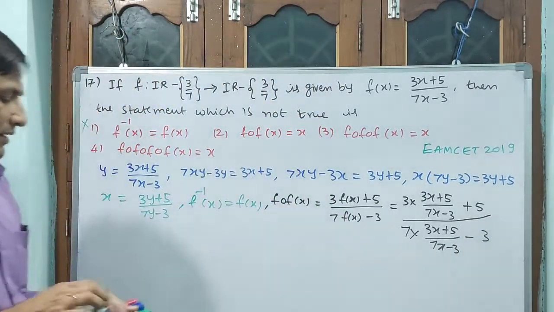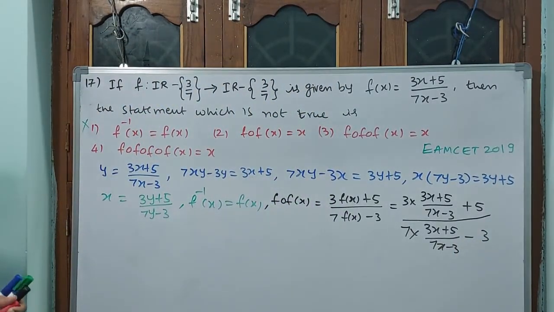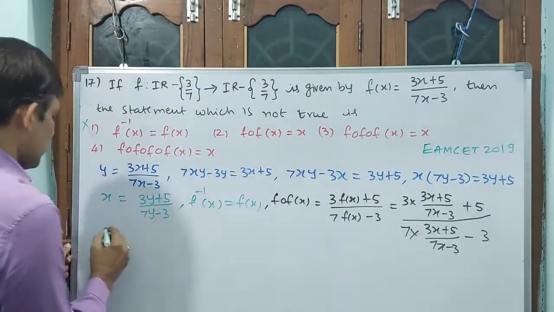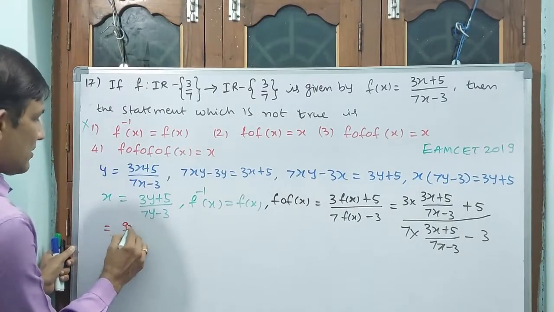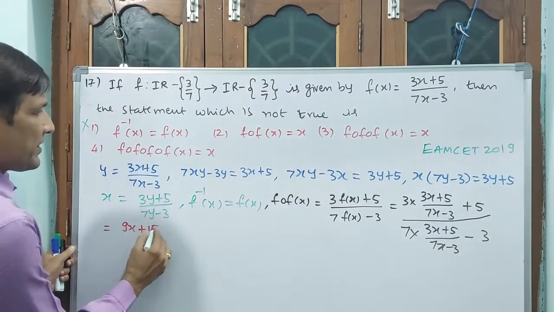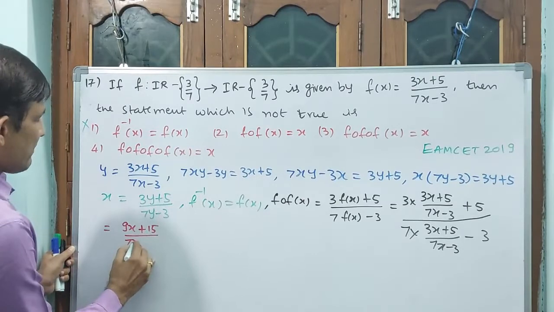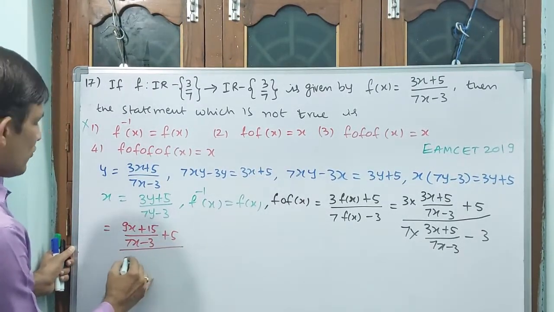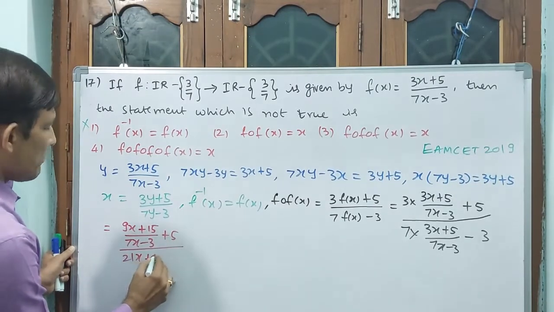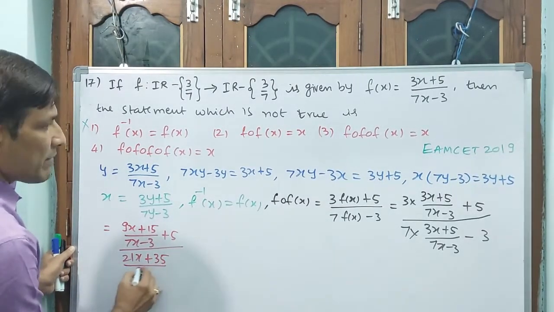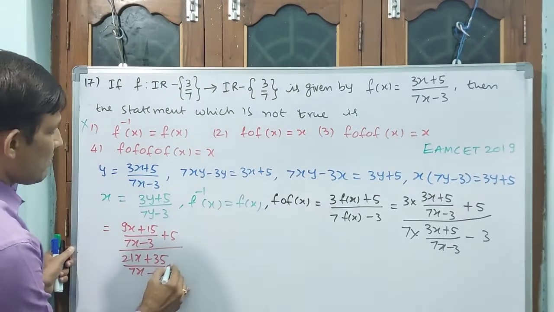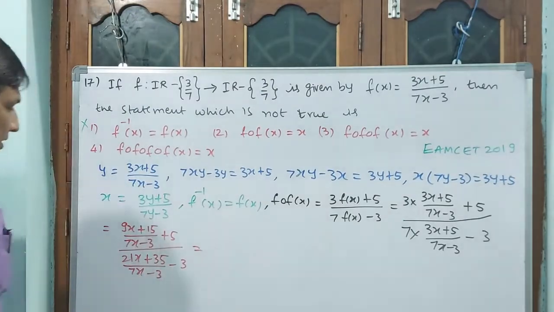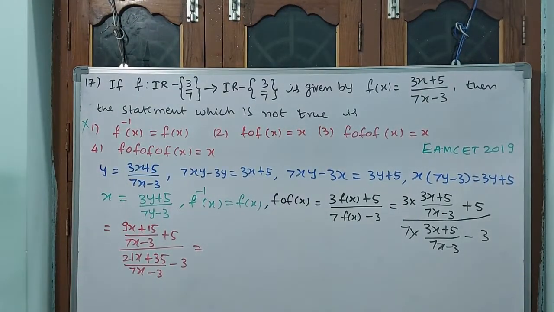Okay? Proceed further. You see, you multiply, 9x plus 15 by 7x minus 3 plus 5 divided by 21x plus 35 divided by 7x minus 3. Okay? Is it okay? It is appearing in the camera or not? Yeah, appearing.